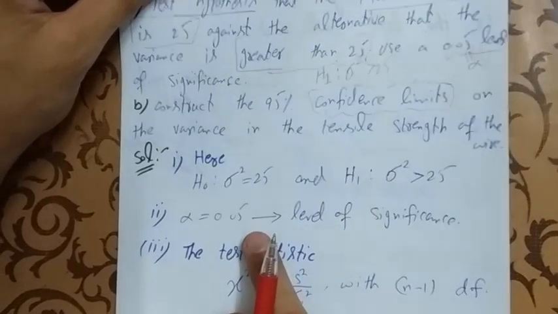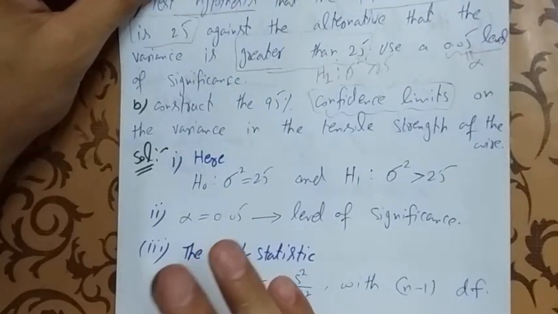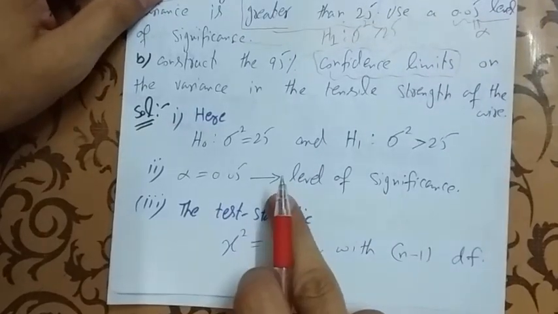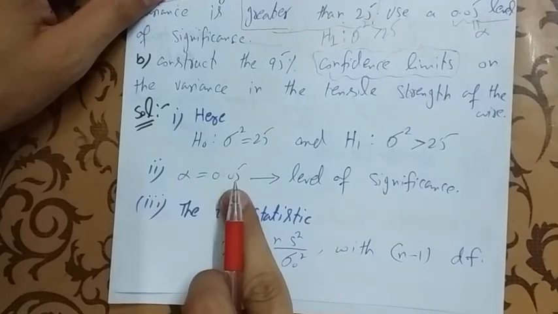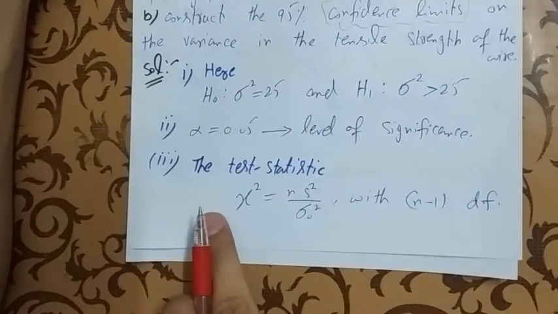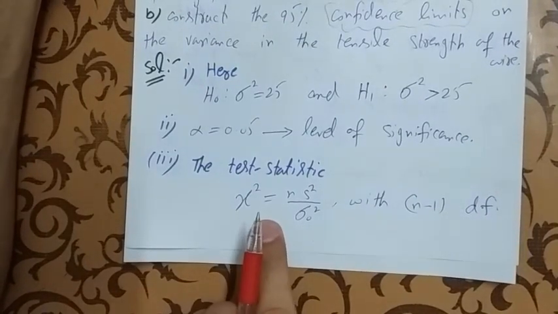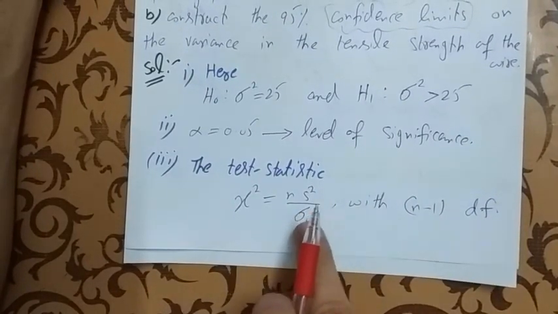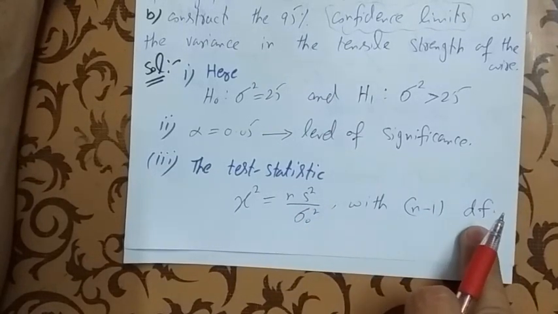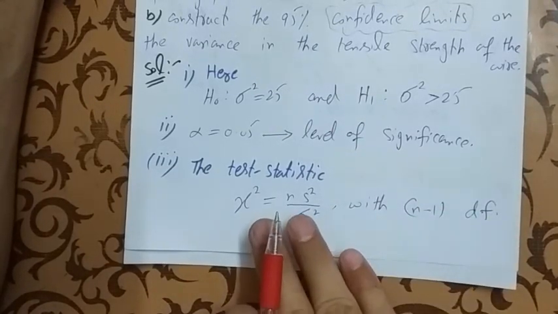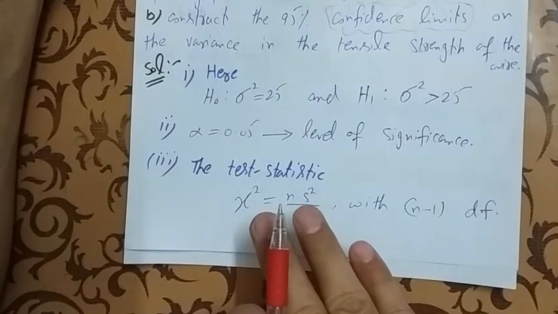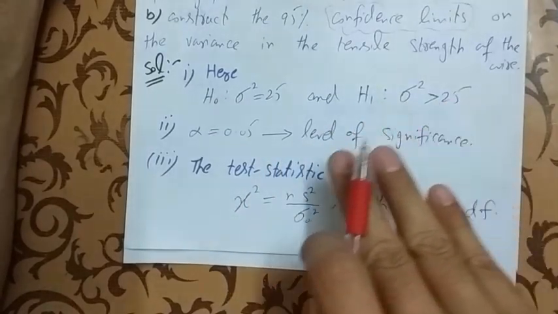In the second step, the significance level alpha is equal to 0.05. And in the third step, the test statistic chi-square is equal to n s square over sigma naught square with n minus 1 degrees of freedom. Dear students, follow the steps of the test statistics which I explained previously, the six points.